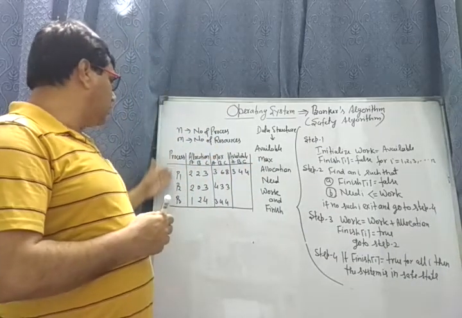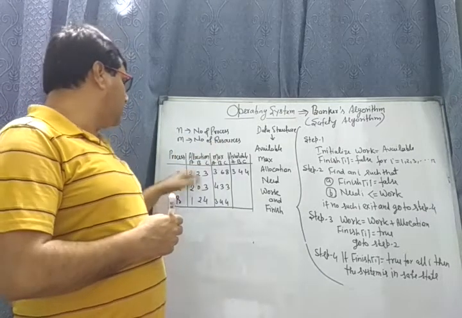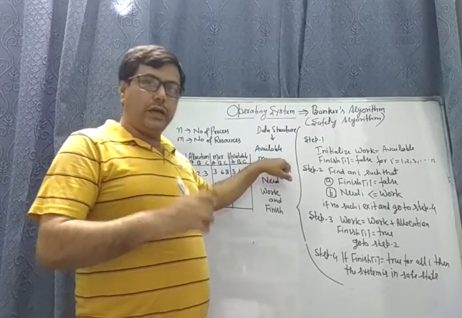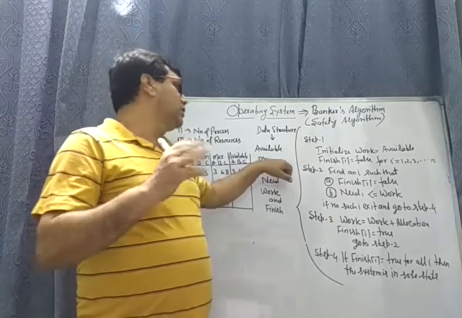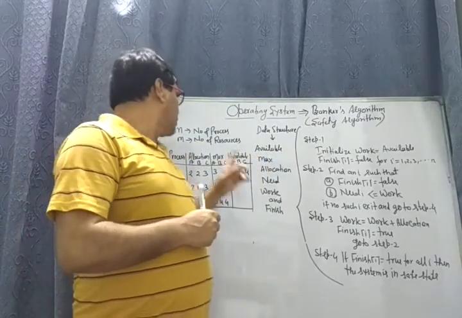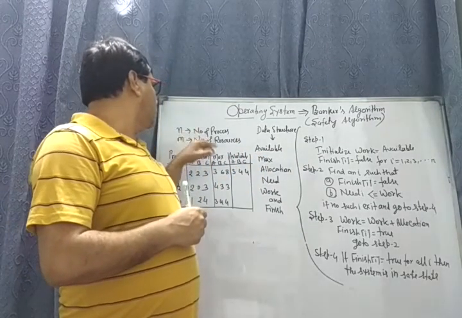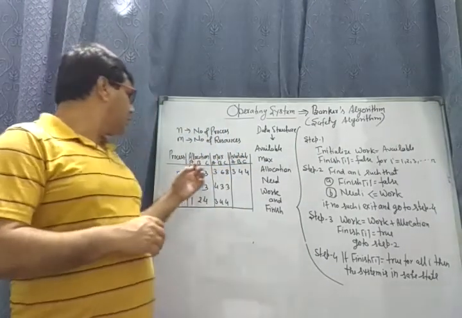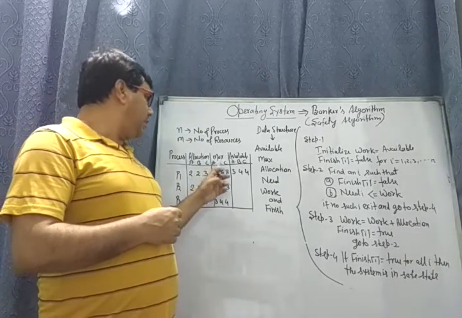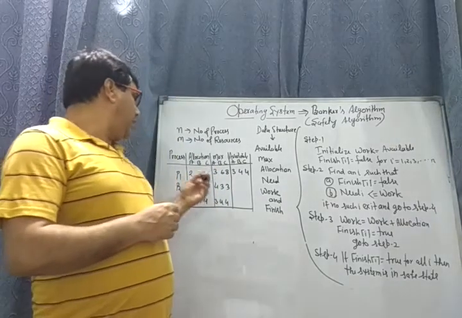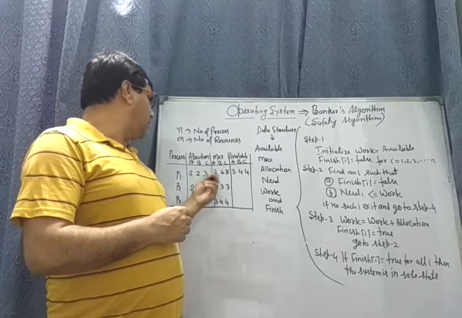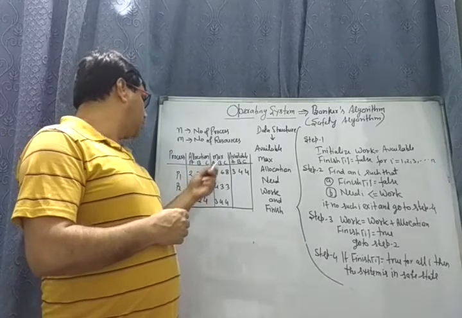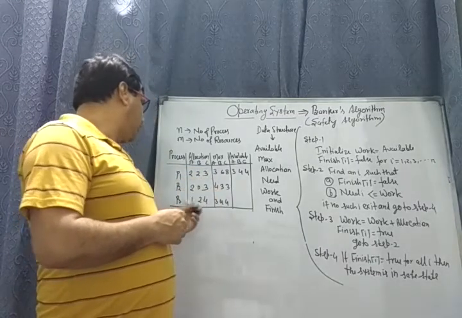If we represent the number of processes by n and the number of resources by m, then it is represented by a two-dimensional matrix of n cross m. Look here, maximum demand. Here A, B, C are resources, and for every process there is a maximum demand. For process P1, the maximum demand of ABC is 3, 6, 8. For process P2, it is 4, 3, 3, and for P3 it is 3, 4, 4.